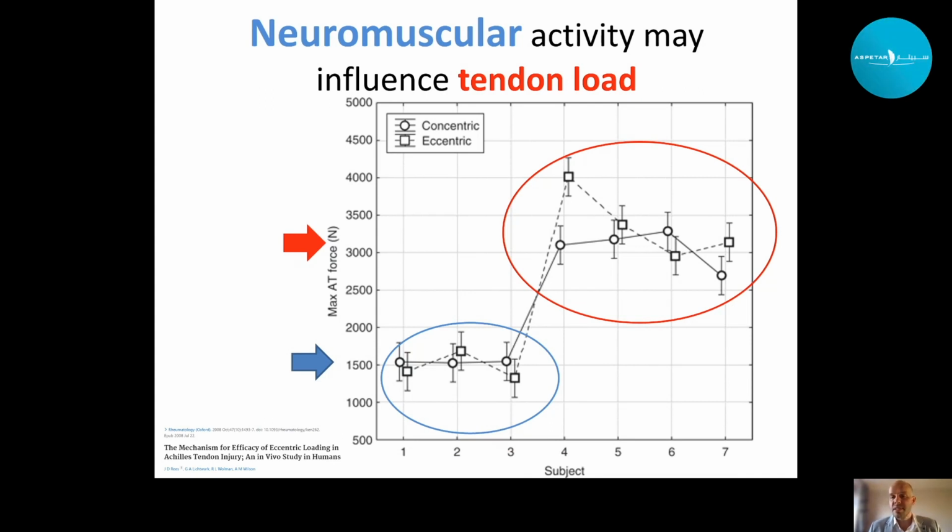Same activity, same tempo, done in exactly the same manner, with large differences in load despite very similar weights. So why is that? The blue group's getting twice body weight, the red group's getting 4 times body weight, hugely different. And one of the elements, even though it's a small study, may simply be that we're looking at different neuromuscular or biomechanical issues, shank length and foot length.